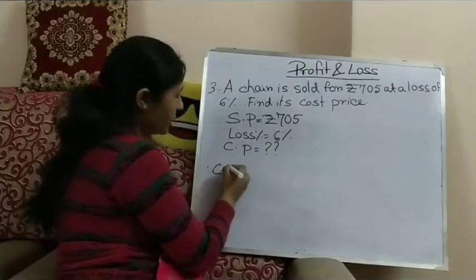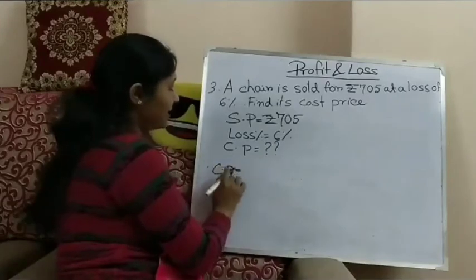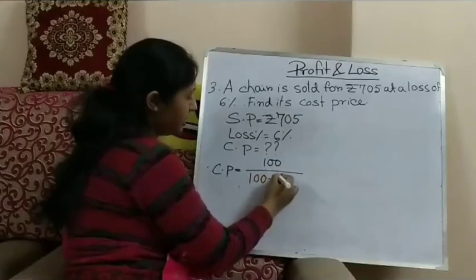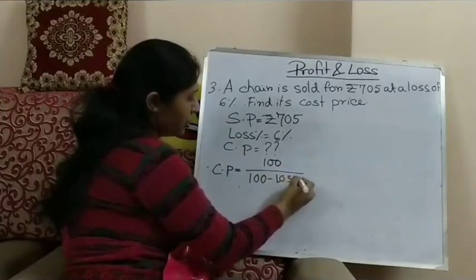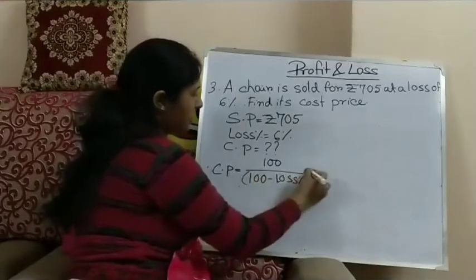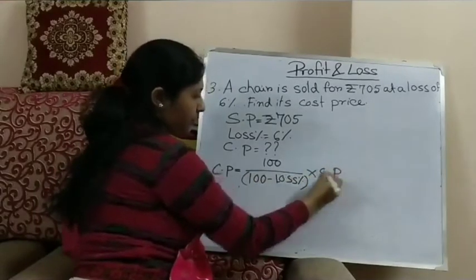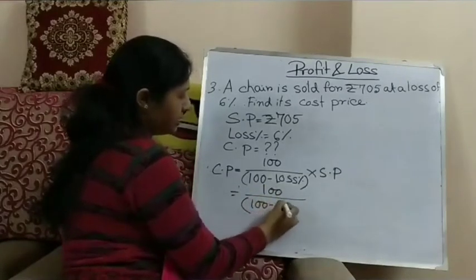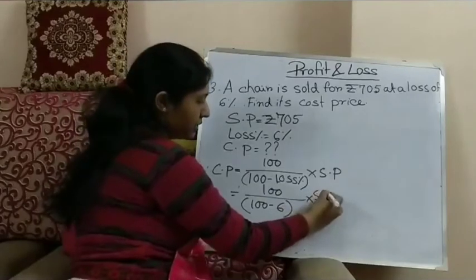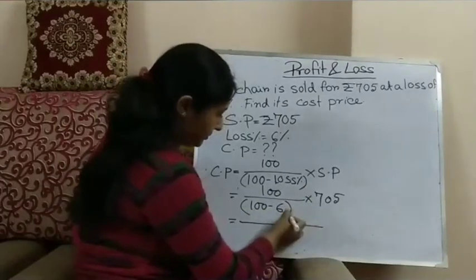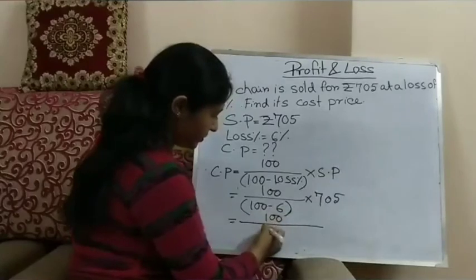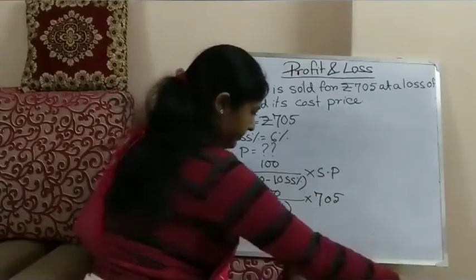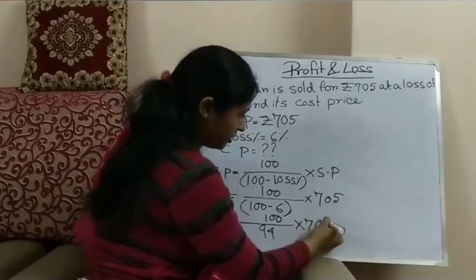For loss our formula is CP equals 100 by 100 minus loss percent into SP. Okay, so 100 by 100 minus 6, which is 94, into 705.